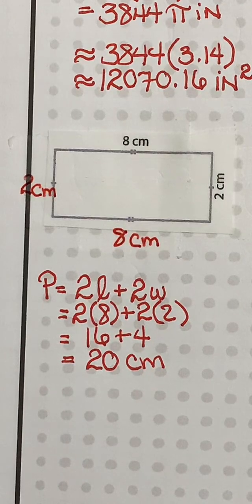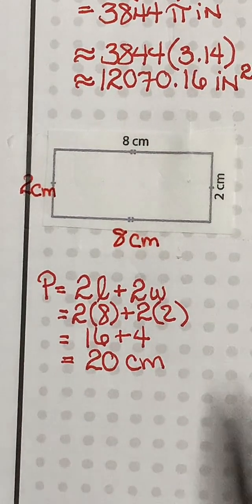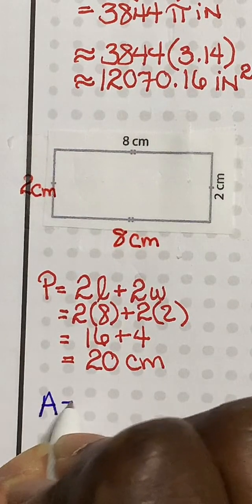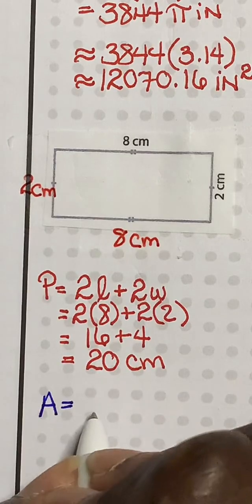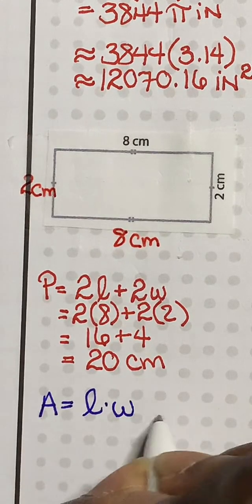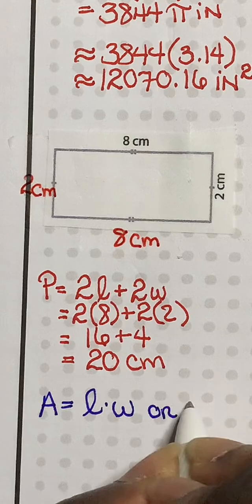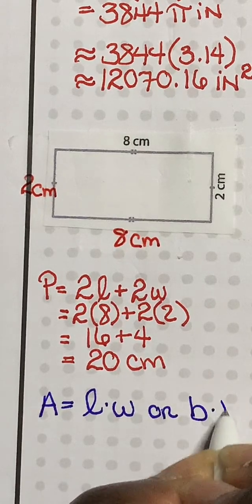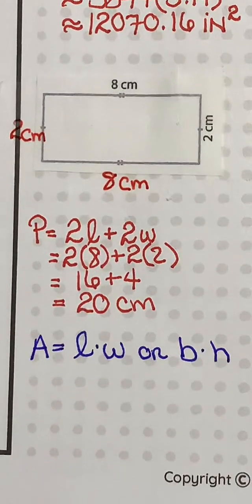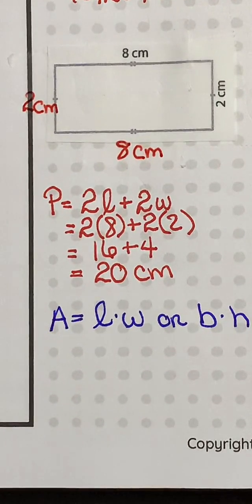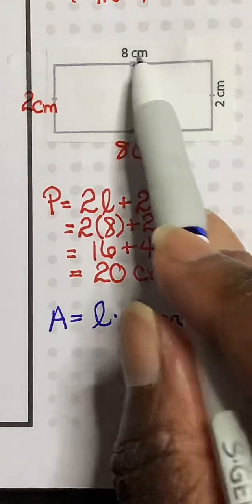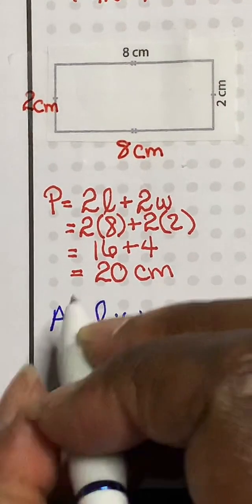Now, if I want to find the area, you can either say it's length times width, or I've seen people use base times height because they want to carry that theme over to when we do triangles. So all you're doing is just taking those two numbers that they gave us and multiplying.